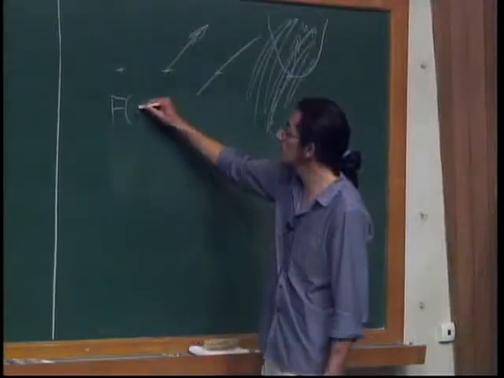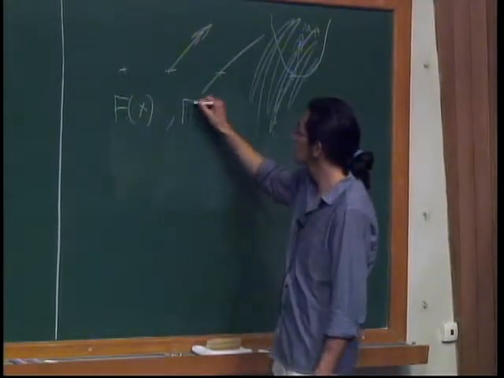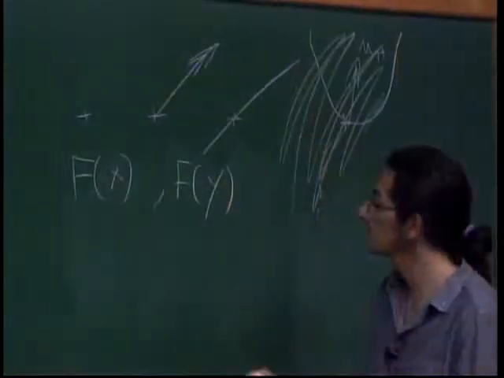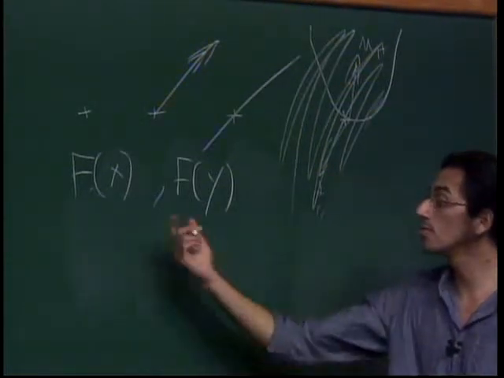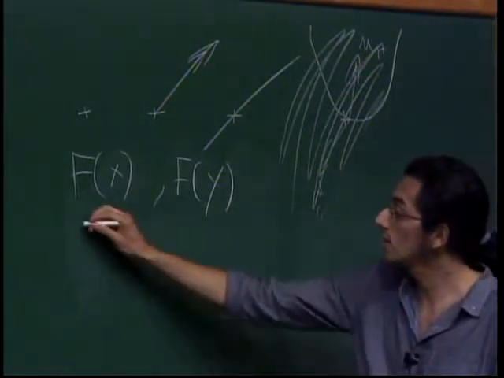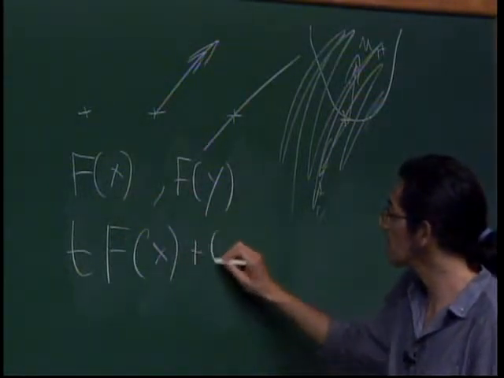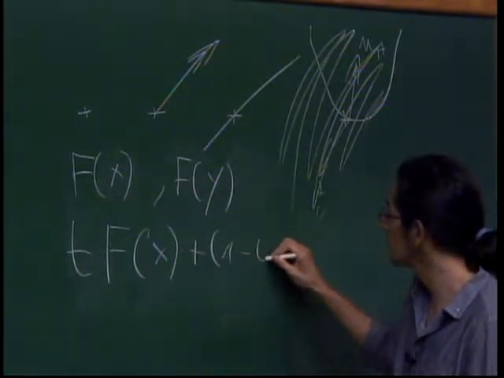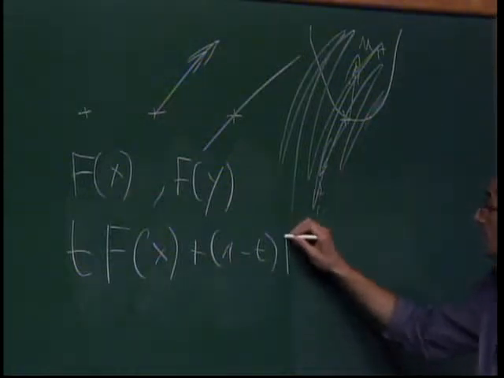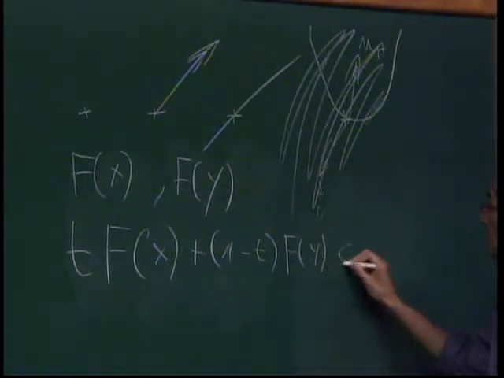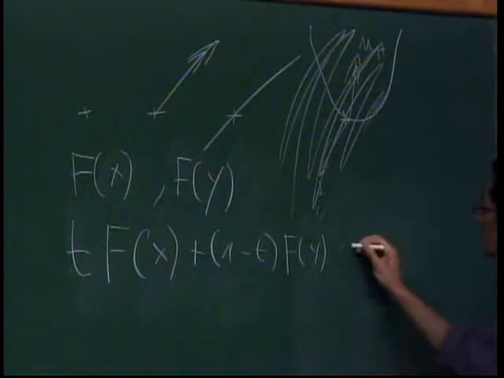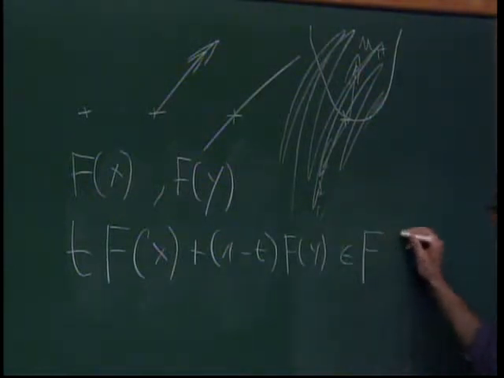Given 2 points of the image, we need to insert this expression onto the joint range. Okay? This point on the joint range.